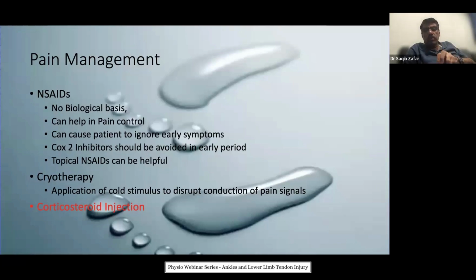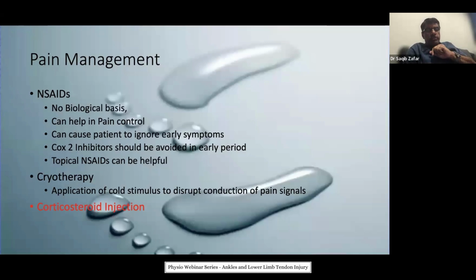You're applying a cold stimulus to disrupt the conduction of pain signals, and that is helpful. I normally advise people that towards the end of the day when they're feeling this aching pain before going to bed, a bit of ice packing at that stage, a bit of rest and Voltaren gel can help them to control these pains.